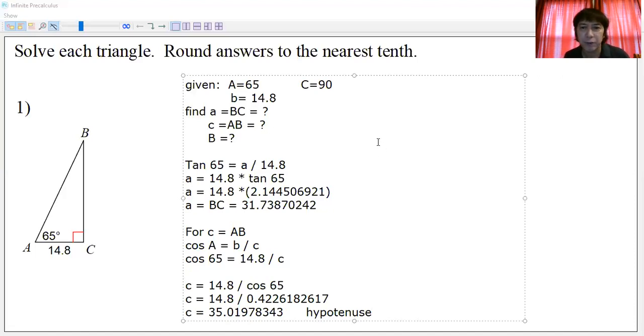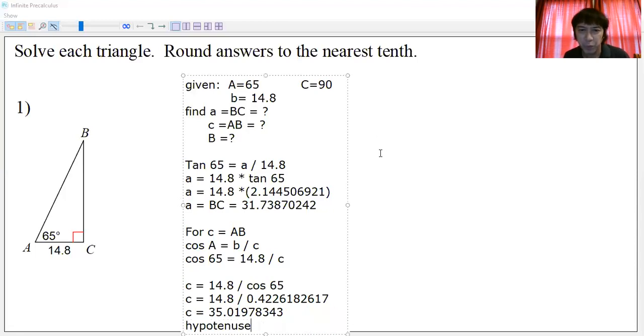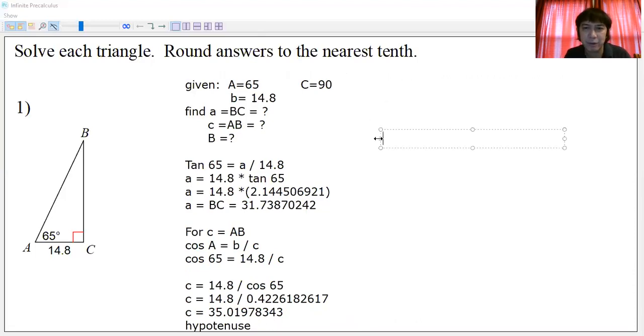So we can solve for B. Capital letter means angle. So for B, this is how to solve it: A plus B must be equal to 90. This is only true in a right triangle. So we can now use this to solve for angle B.